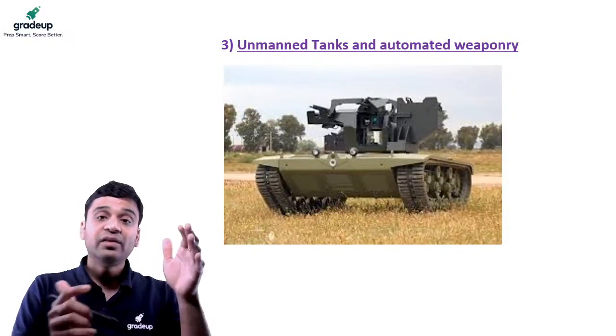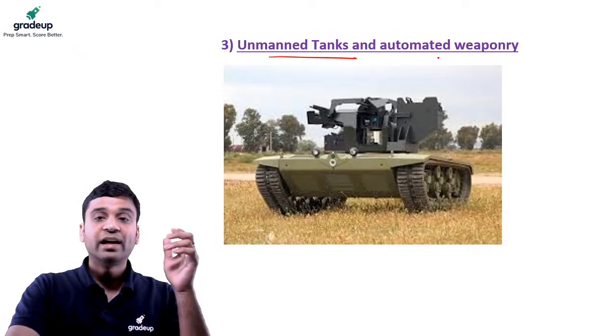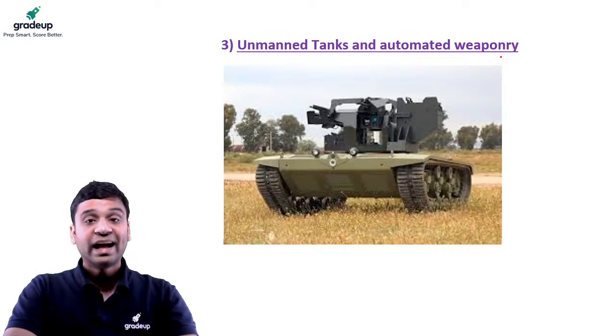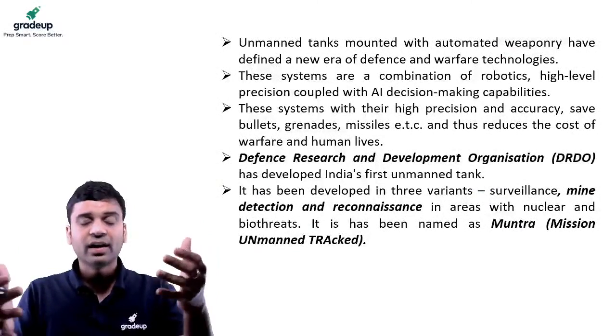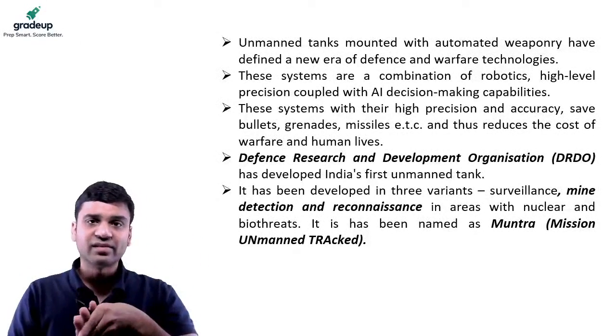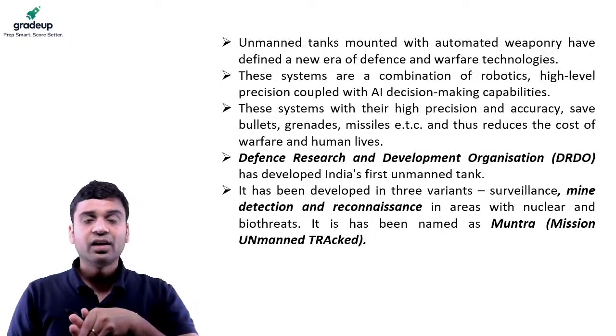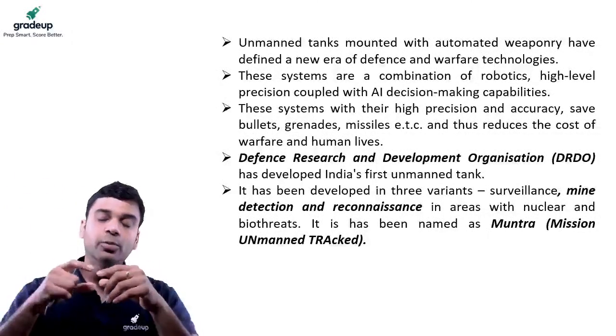And similarly, we can have unmanned tanks, which I told. Okay, and automated weaponry. So a tank, though it is very strong and it is made up of very strong armor, we also have anti-tank missiles. Like you have Nag. Okay, Nag, which is our anti-tank missile, can be launched from a helicopter also.